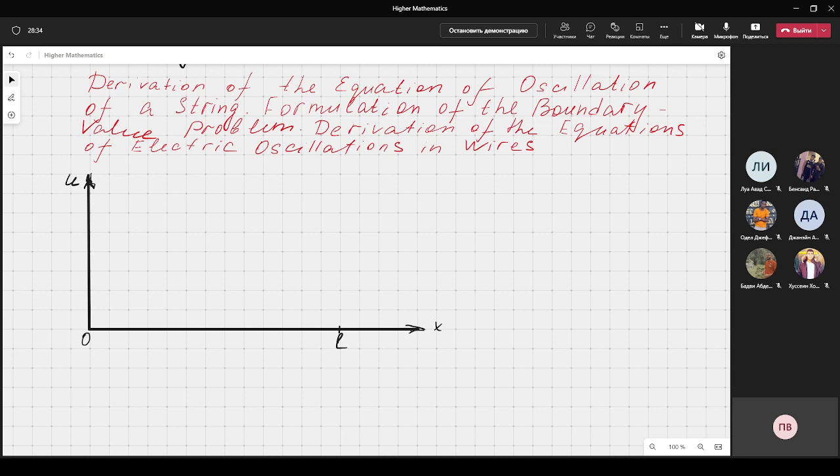On this assumption, the process of oscillation of the string is described by a single function u of x, t, which yields the amount that a point of the string with abscissa x has moved at time t.